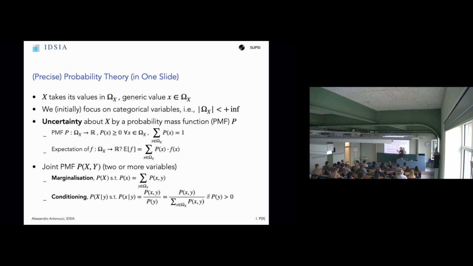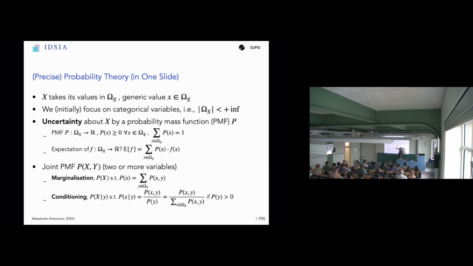So our precise uncertainty model is just a probability mass function. It's just a function that assigns a probability to each outcome. It's non-negative, it's normalized, and this is what I call a PMF, a probability mass function. No more than that. Tossing a coin biased 0.7, 0.3, this is my PMF. Okay?